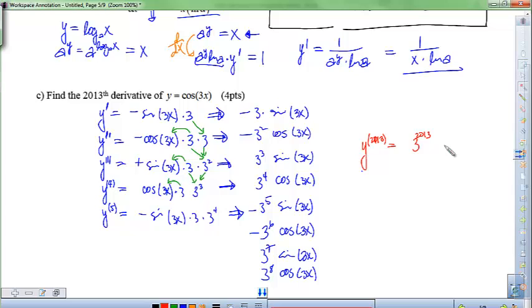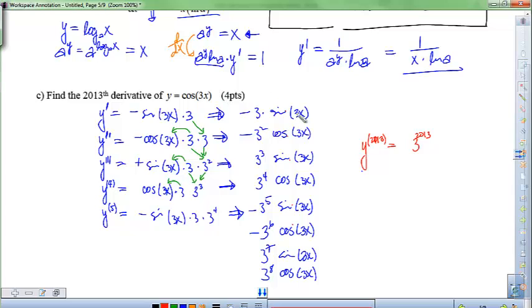Now we have to figure out if it's a sine or a cosine. So we have a sine, cosine, sine, cosine, sine, cosine, sine, cosine. It just alternates.